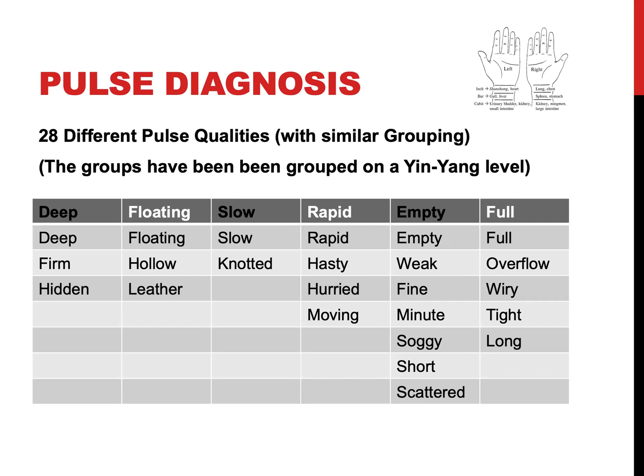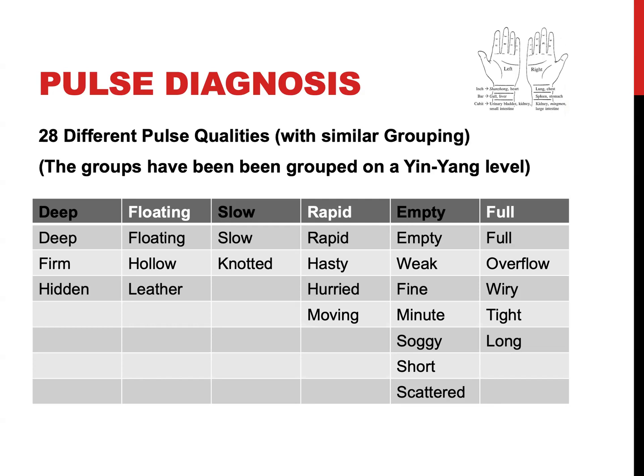So we have a deep, floating, slow, rapid, empty, and full. So for deep, we also have firm when we palpate the pulse, which could also be hidden. So yung mga hindi basta nararamdaman na pulso, this could also mean a deep pulse.